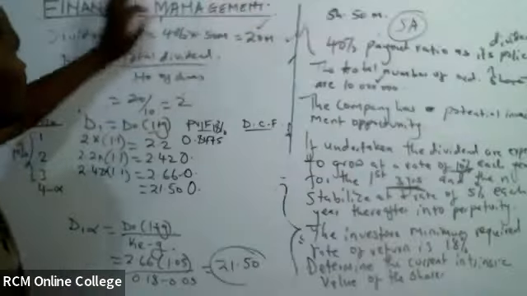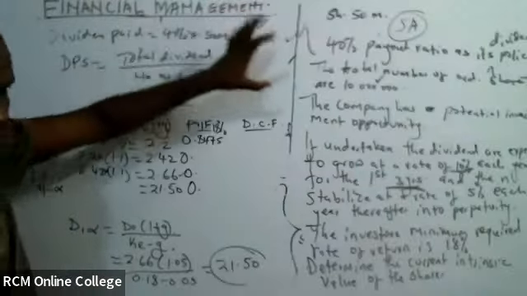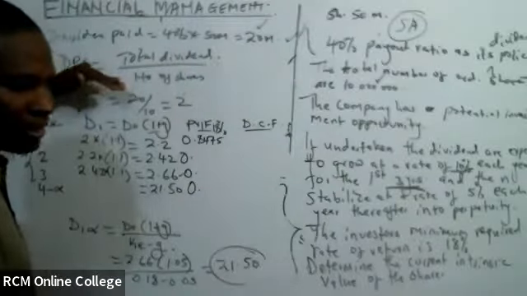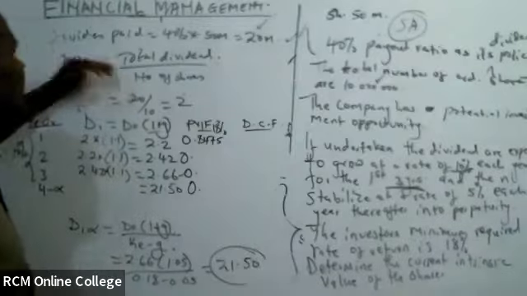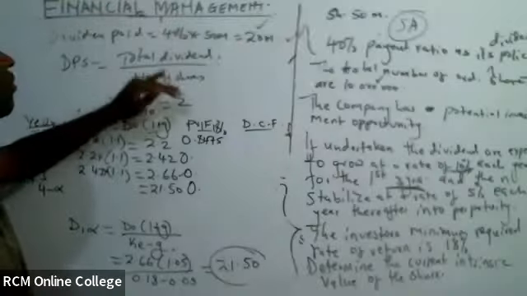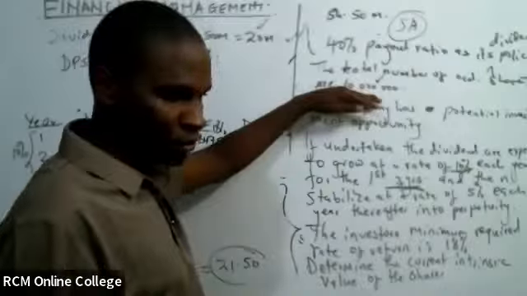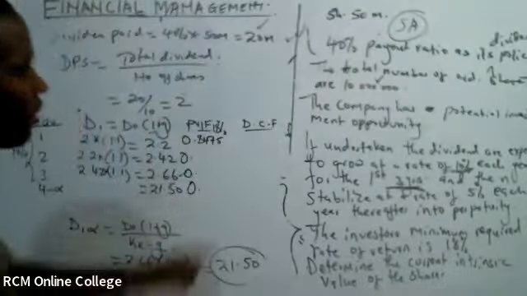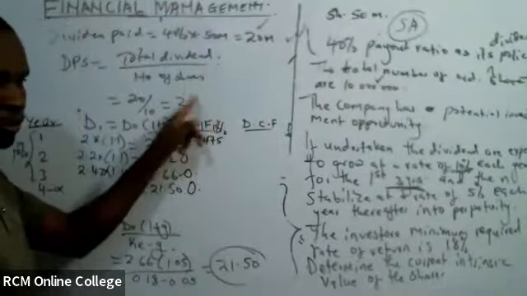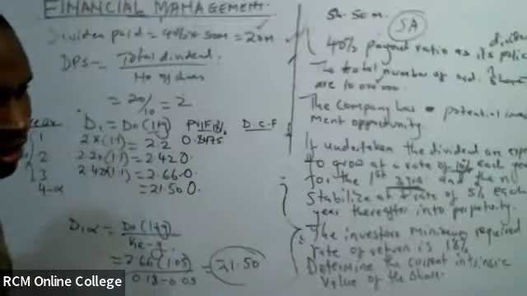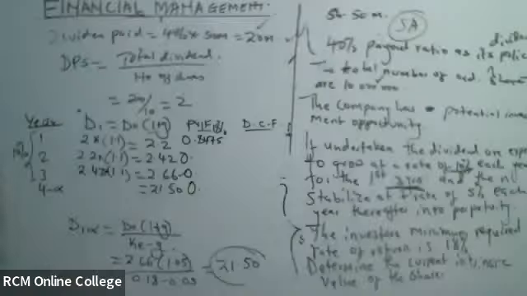This 20 million is the total dividend paid, right? If you now want to get the D naught, the current dividend, you take the total dividend divided by the number of shares. The number of shares we have been given is 10 million. So it's 20 divided by 10. That's why we got 2. Once you get 2, you now use the 2 to get the D1. Are we together? Thank you.